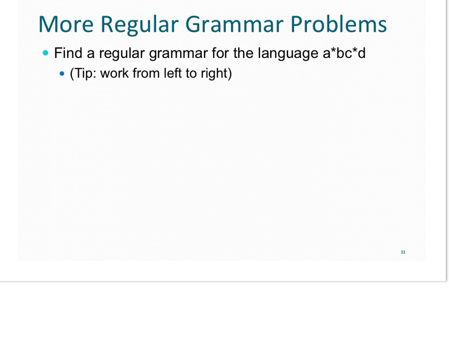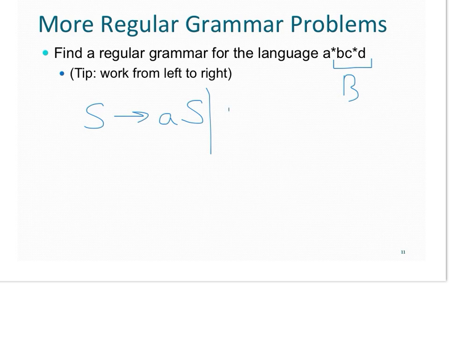So let's see, I'm going to start with S for a change, or to get back to normal, and I'm going to say S can be little a, or it can go to the rest of this stuff, and I'm going to call the rest of this stuff B, right?